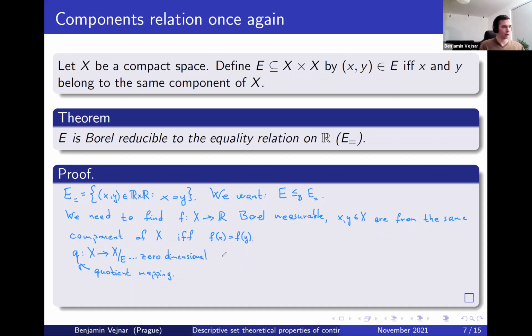Okay, and zero-dimensional spaces can be embedded into the Cantor set. So there exists a homeomorphic embedding, say H, from this space into the Cantor set.